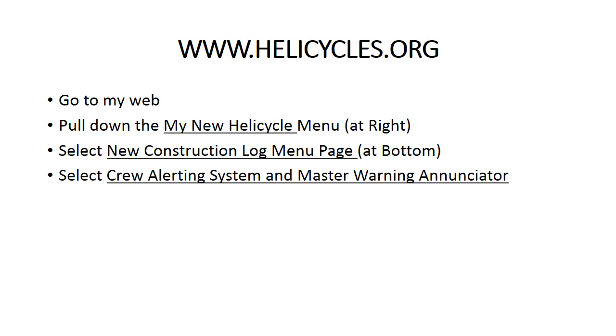Select the New Construction Log menu page at the bottom of that one. And then you'll see a great big list of all of the PDF files for all the various things I'm doing at the moment. Find the one that says Crew Alerting System and Master Warning Annunciator, and that will bring up the PDF written version of this.